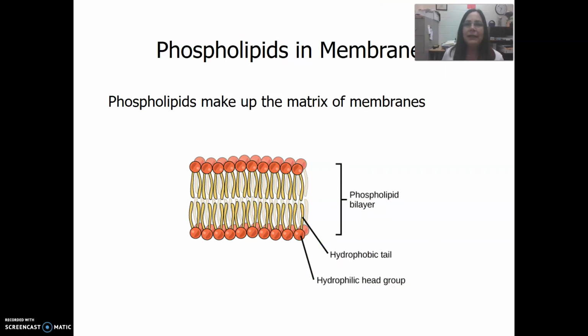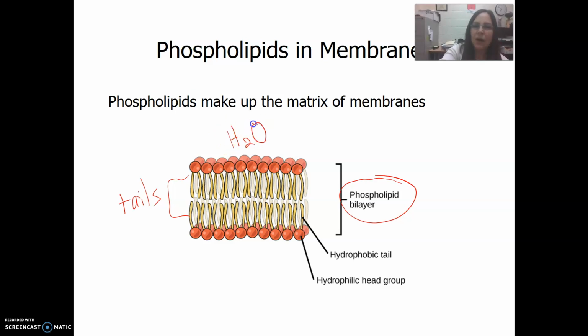And the way they're arranged in plasma membranes is that they form a phospholipid bilayer or a double layer of phospholipids, where the tails face inward because they are nonpolar and hydrophobic, and then the heads face outward because the extracellular fluid is going to be water-based.